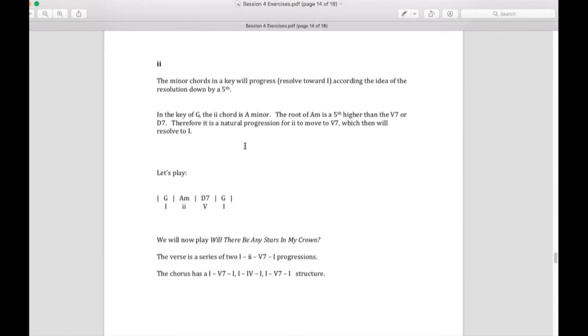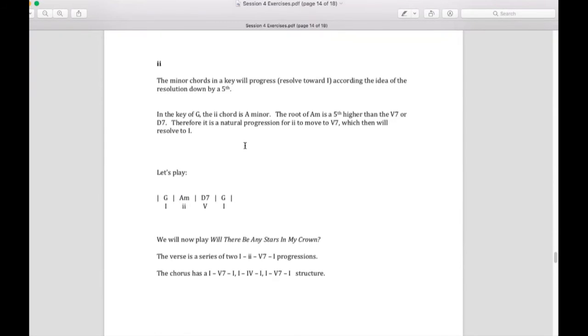The root of A minor is a fifth higher than the 5 chord, D7. A, D. And that means if the root moves down a fifth, it sounds very natural for our ear for A to resolve down to D7, which then resolves down to G. It's all based on this idea of fifths coming crashing down.